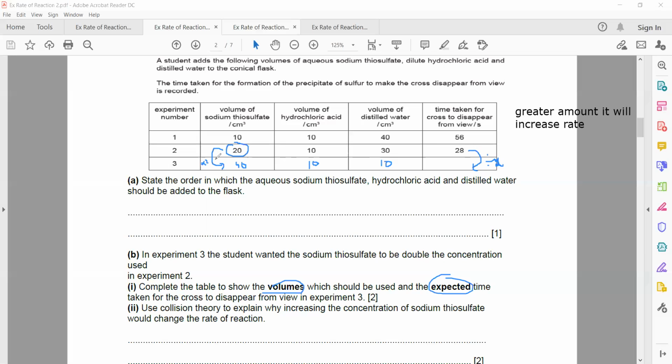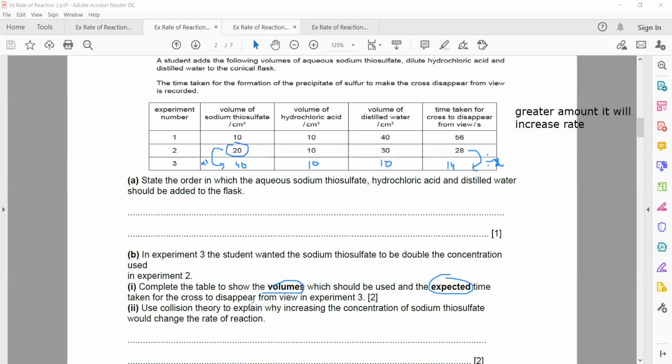So if the amount is double, the time for the cross to disappear will be half. So when it was 20 cm cube of thiosulfate, taking 28 seconds to disappear, if you use 40 cm cube of thiosulfate, it will disappear in 14 seconds.